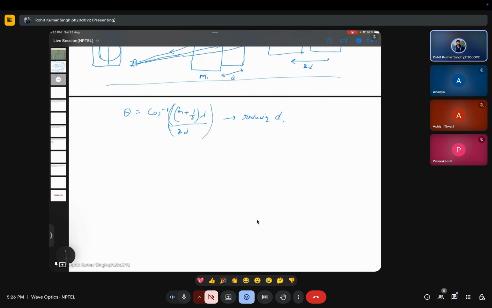Because if you are reducing d, that means theta will increase for a particular mth order of fringe. So the fringes will appear to be collapsing. You have to imagine it a little bit. Can you imagine it?